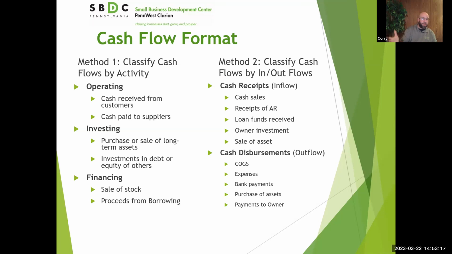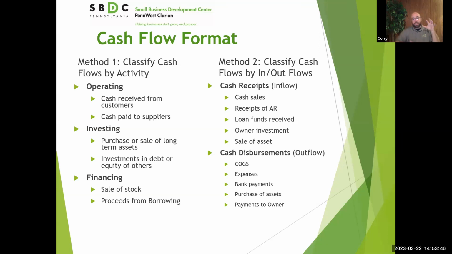Method 2, the most direct one, has two major bullet points, and it's all the money coming in all at one time, not a bunch of separate sections like on the left. On the right-hand side, you have your cash coming in, your accounts receivable monies, your loan or investing and financing monies, your owner investments, and if you're selling any assets, that's money coming in as well.